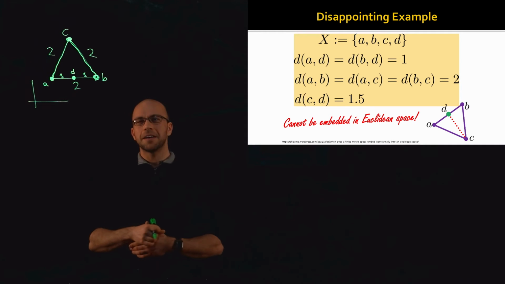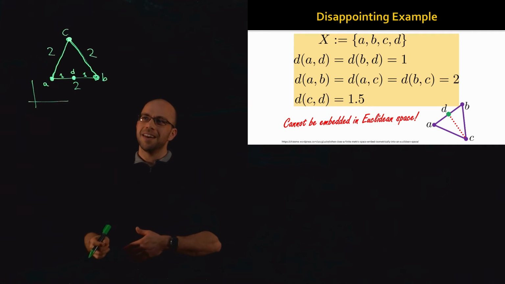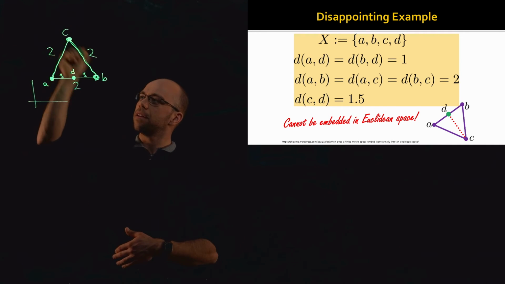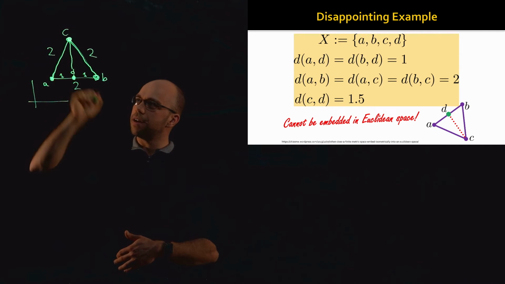But now comes the weird part, and that is this last thing. This last part gives me the distance from C to D. So that, in our picture here, is the length of this vertical line in our triangle.